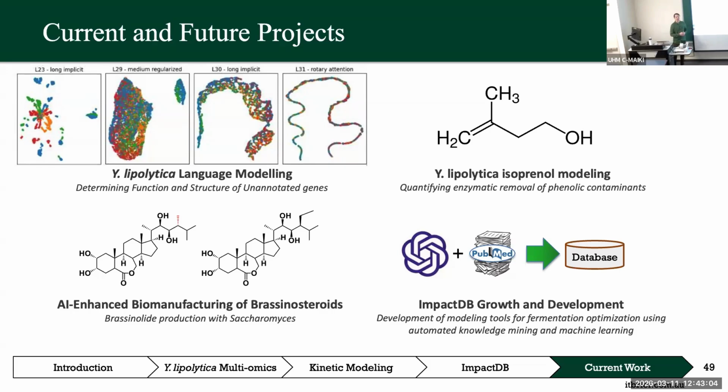But the current way of producing them is to grow the plant, then extract just a very small amount from the whole plant. But if we can put those same enzymes that make these steroids in the plant into yeast, we can just do a fermentation and create a large amount much more cheaply. Finally, continuing to grow Impact EB and adding more and more features.